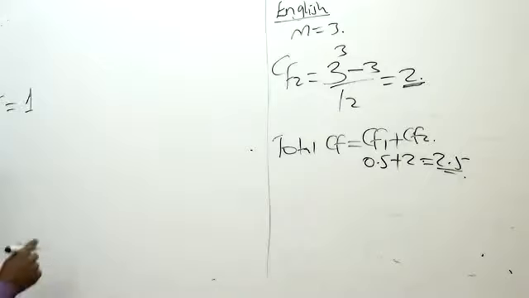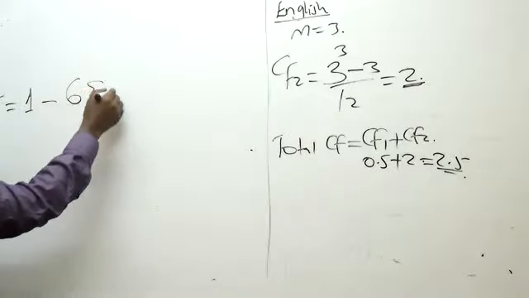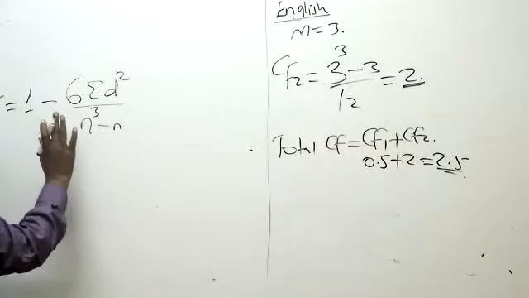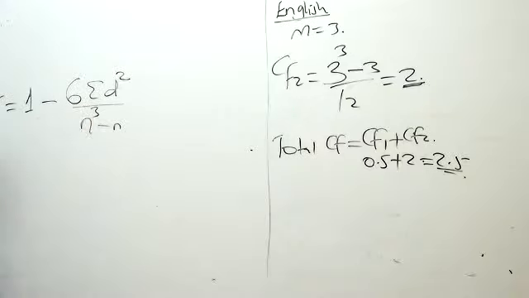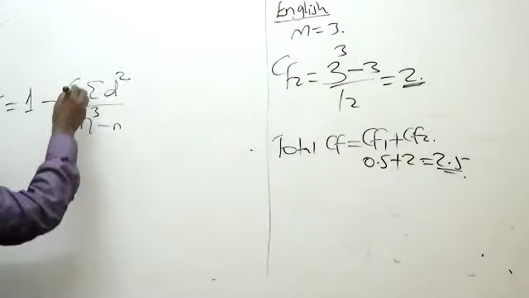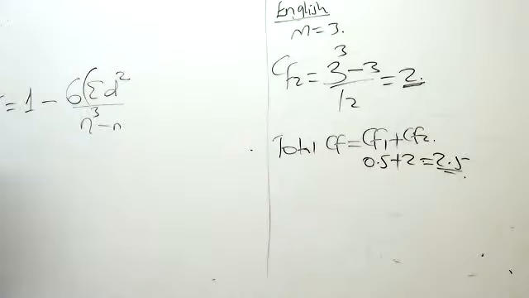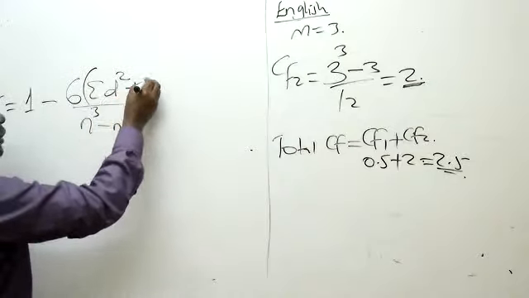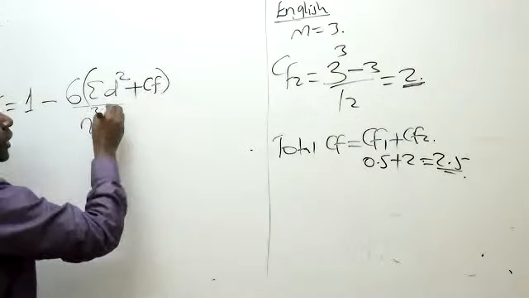So it will be equal to 1 minus 6 summation of d squared all over n cubed minus n. This all over is only touching on this term. But now, because of the correction factors that we have, we must introduce a bracket there. Here we have tied ranks, so introduce a bracket there, plus the total correction factor.